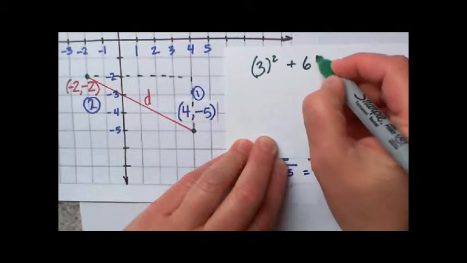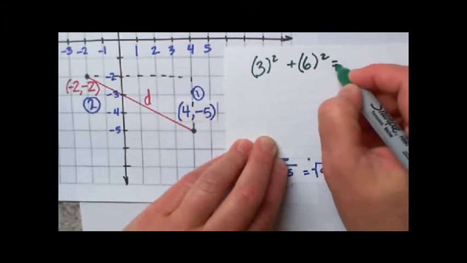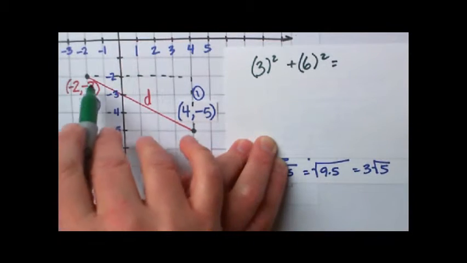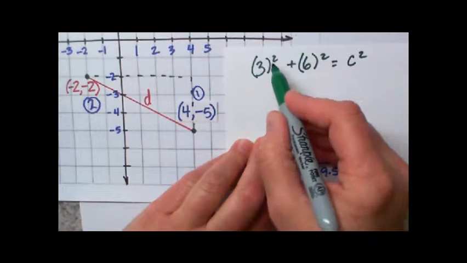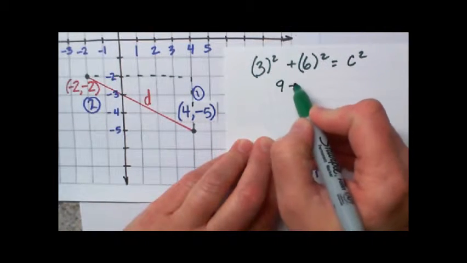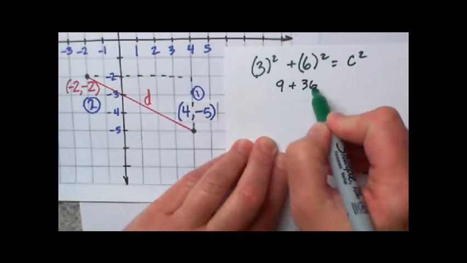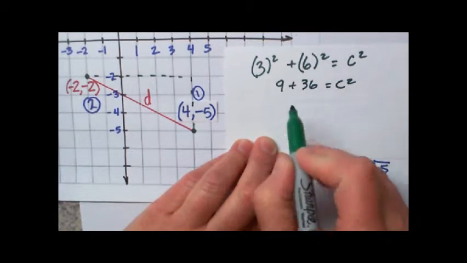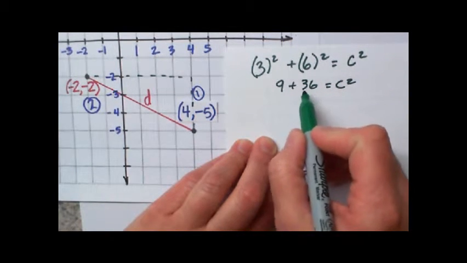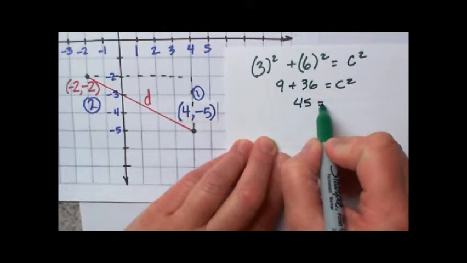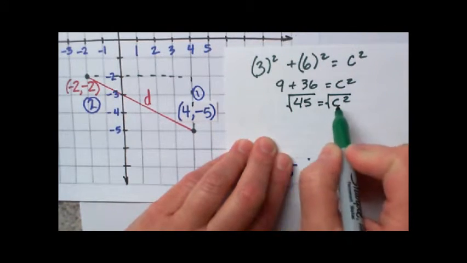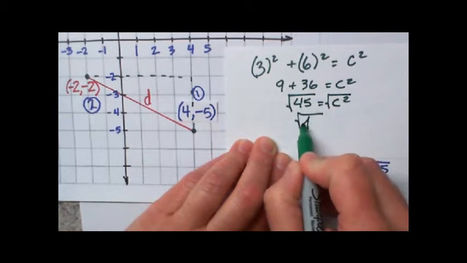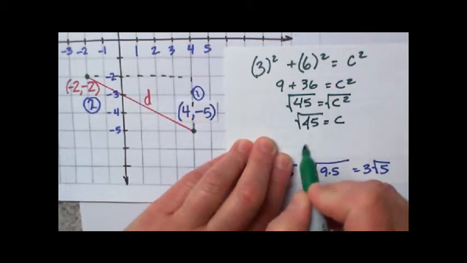We'll call that leg B. And what we want to know is the hypotenuse, which is c squared. So 3 squared is 9 plus 6 squared, 36, equals c squared. So 36 plus 9 equals 45, which equals our c squared. And we'll square root both sides to solve for c. And I get the square root of 45 equals c.